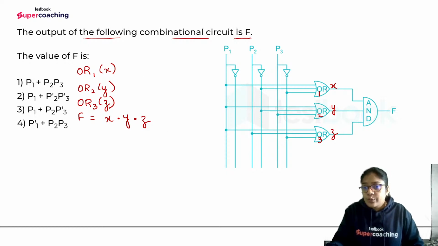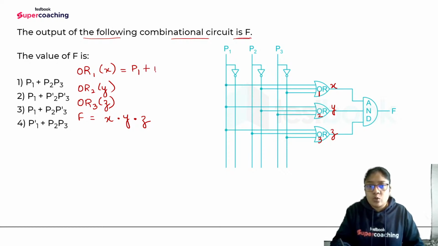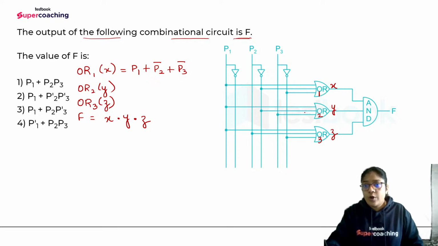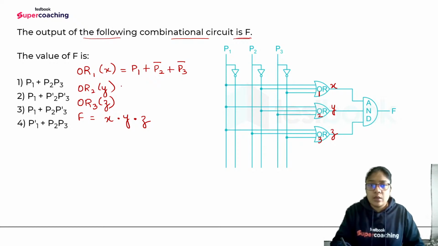So what is the output for X? Check the combination. So it is taking P1. Then it is taking complement for P2 and complement for P3. So P1 plus P2 complement plus P3 complement. For OR gate 2, similarly write the expression. So it's P1 plus P2 complement plus P3.